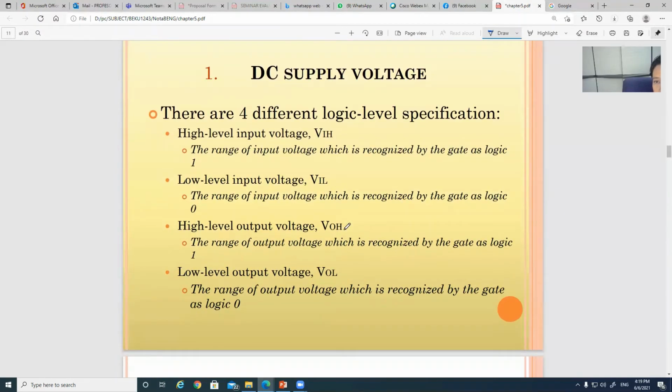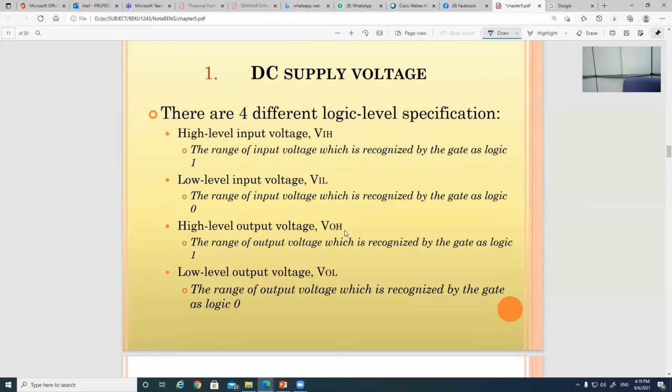For DC power voltage, there are 4 different logic level specifications. First, we have the high level input voltage. This range of input voltage is recognized by the gate as logic 1. Then we have the low level input voltage, the range recognized by the gate as logic 0. Then we have the high level output voltage.